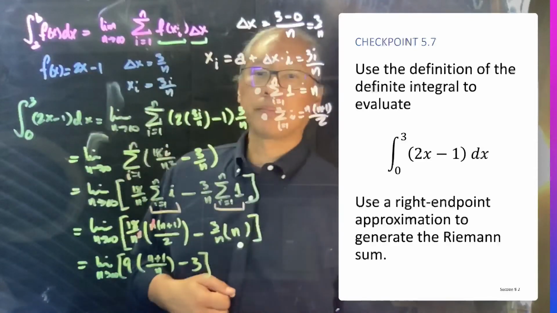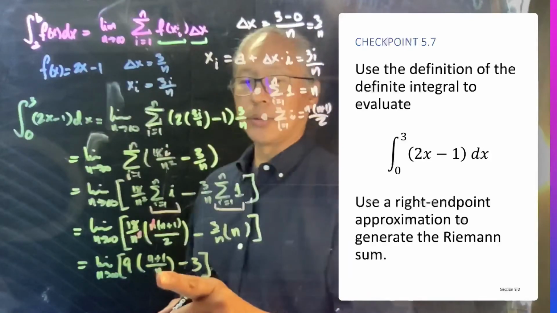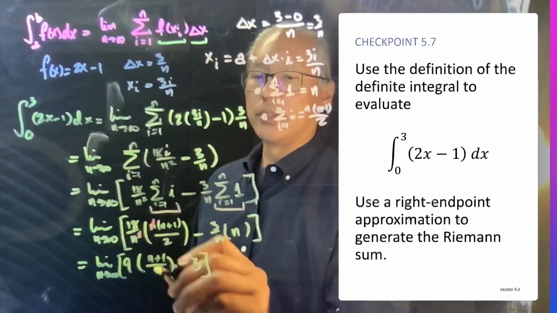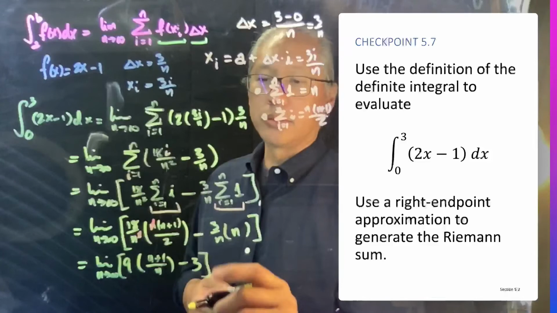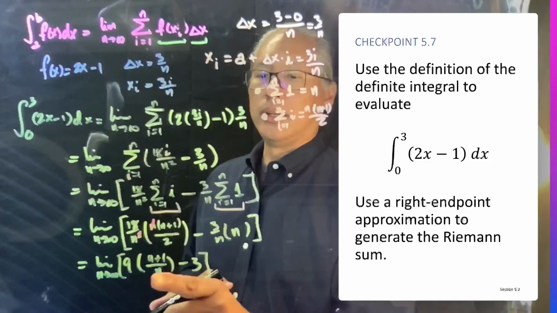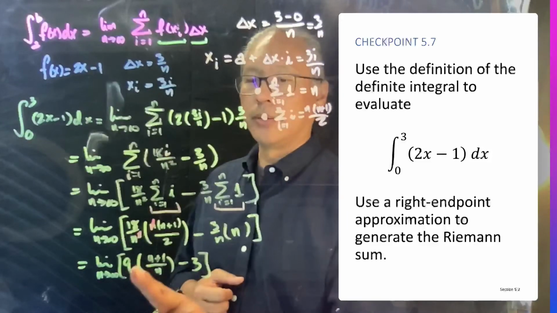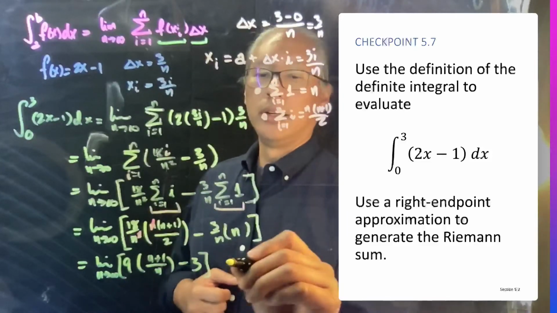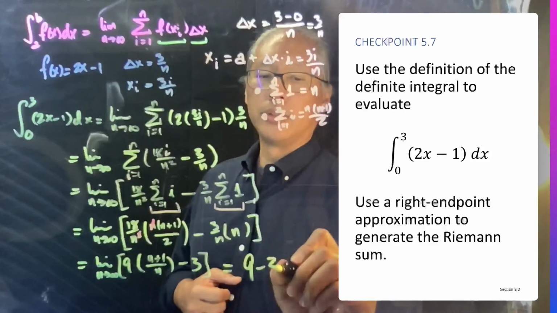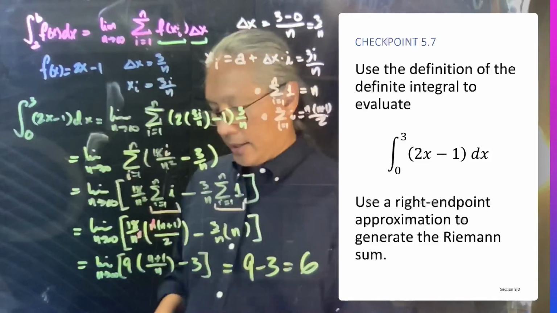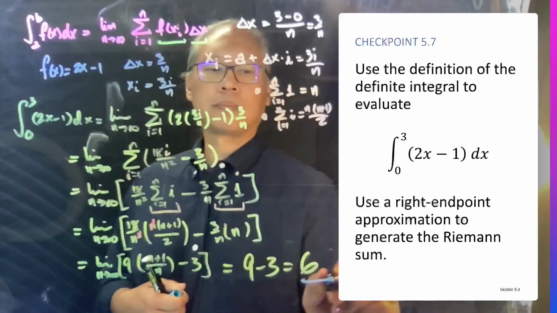All right. Now we'll take the limit as n goes off to infinity of n plus 1 over n, and since these are a couple of polynomials with the same power, that's just going to go to 1. You can use L'Hopital's rule or whatever. So this is going to be 9 minus 3. All right, and so our final answer is 6.